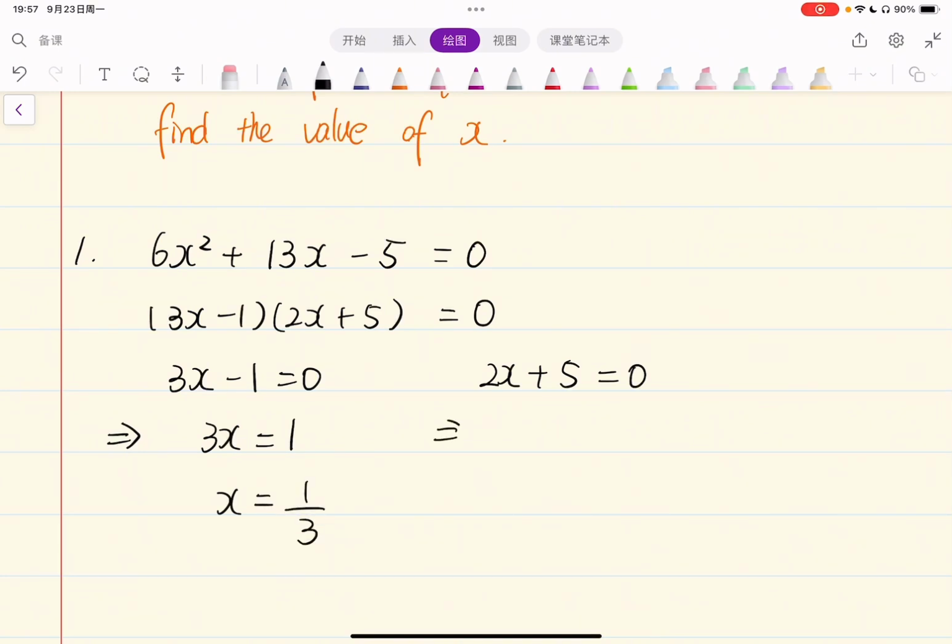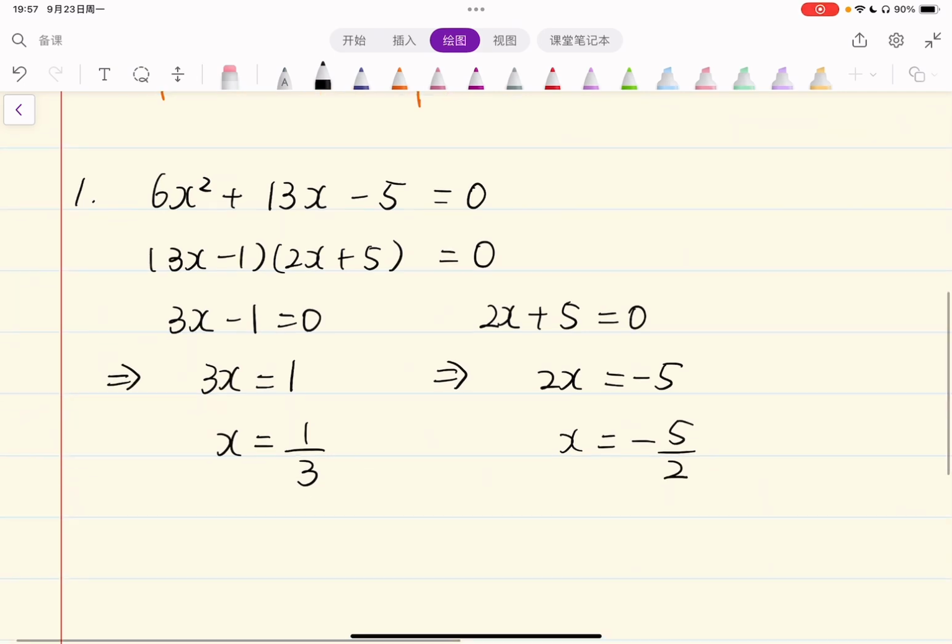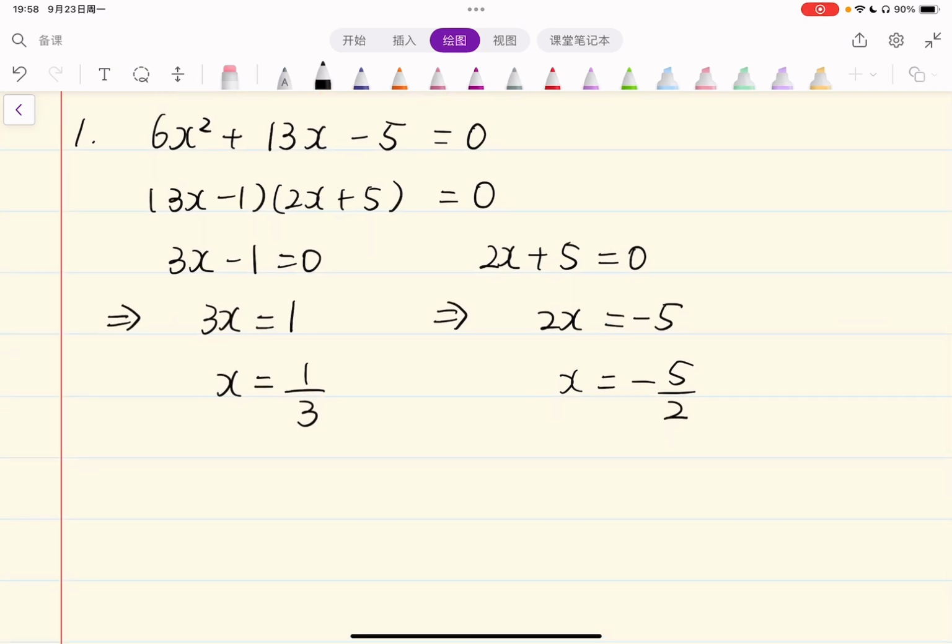For the second one, we have 2x equal to minus 5 and x equal to minus 5 over 2, which means we have two real solutions: x equal to 1 over 3 and x equal to minus 5 over 2.